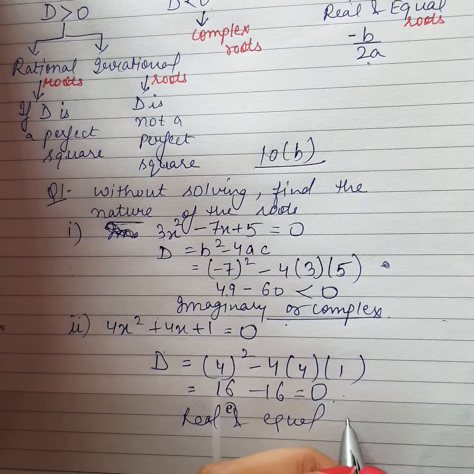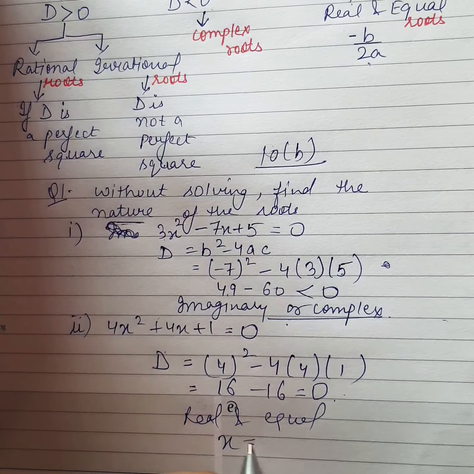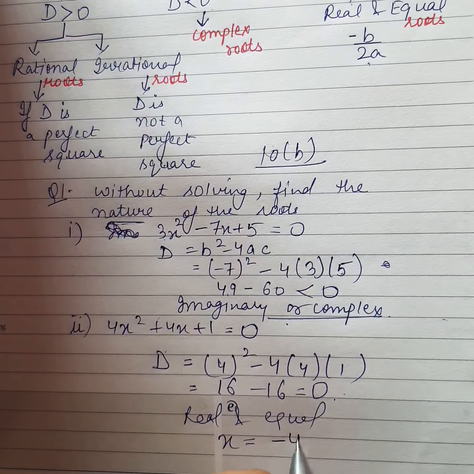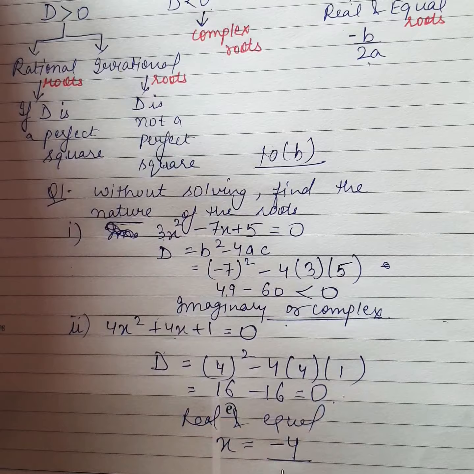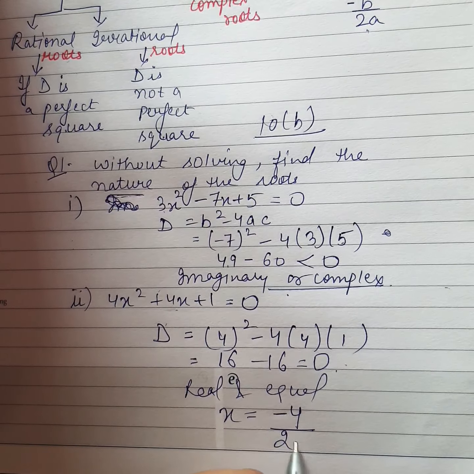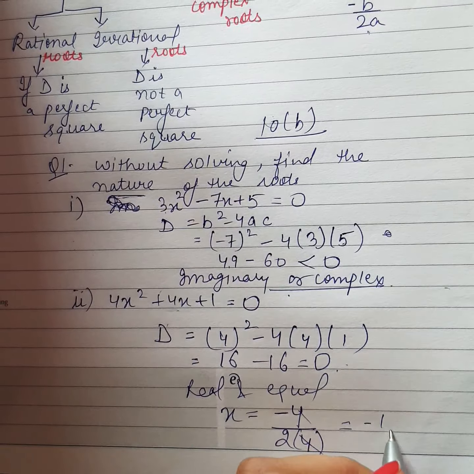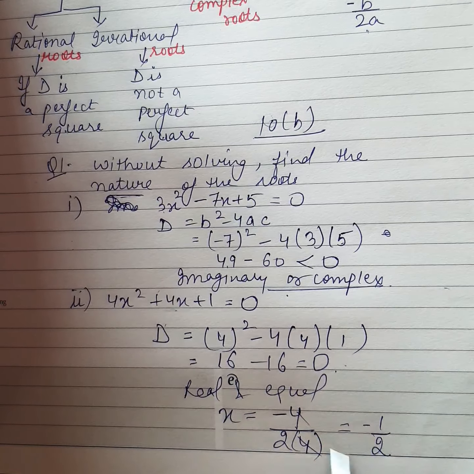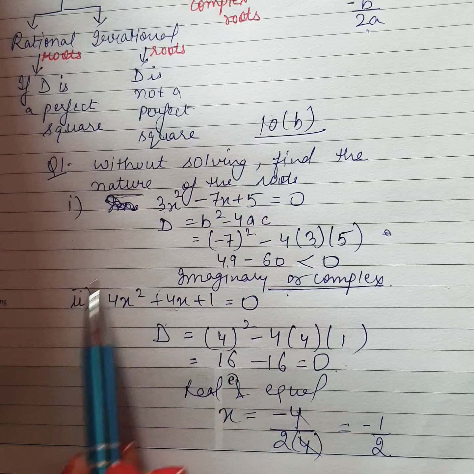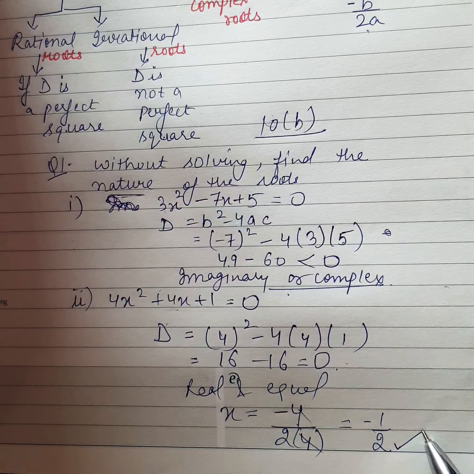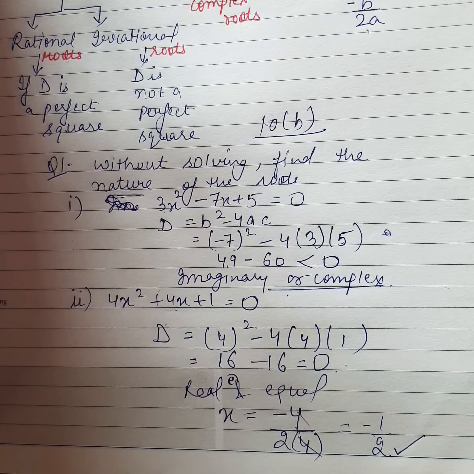Let's do this extra step. So the value of the root should be minus b upon 2a. So 4 and 4 cancel. The answer should be minus 1 by 2. So if you do it by splitting the middle term, you will get both the roots equal to minus 1 by 2. You can actually try it.